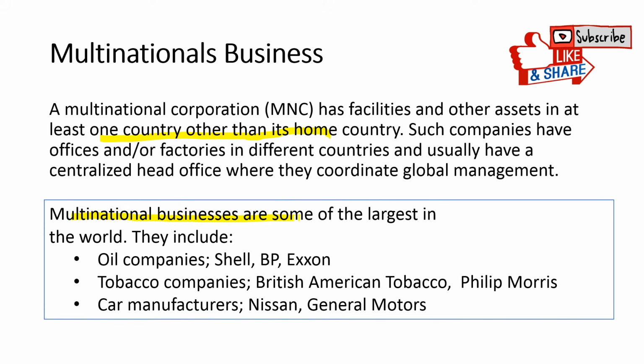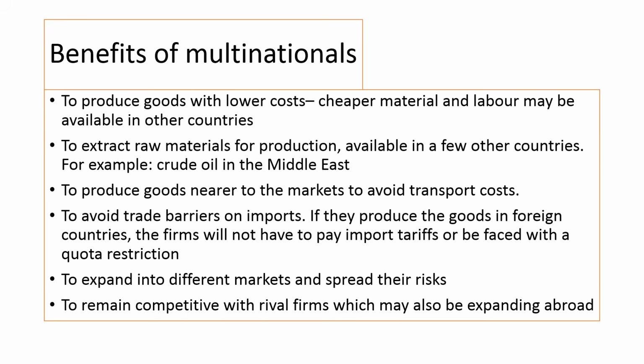So multinational businesses are some of the largest in the world. They include oil companies like Shell, BP, Exxon, tobacco companies like British American Tobacco, Philip Morris, car manufacturers like Nissan, Honda, Toyota, and General Motors. These are all multinational businesses.